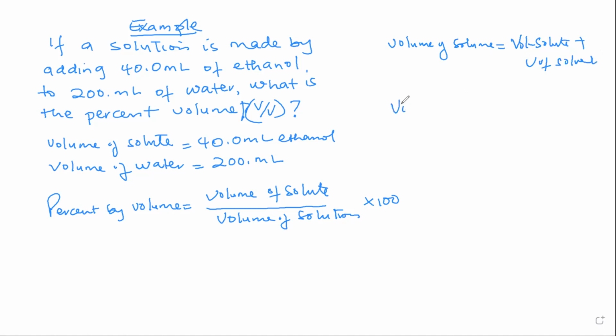Do we know that? So the volume of solution here will be, volume of solute is 40.0 ml and volume of solvent is 200 ml, which will be equal to 240 ml.